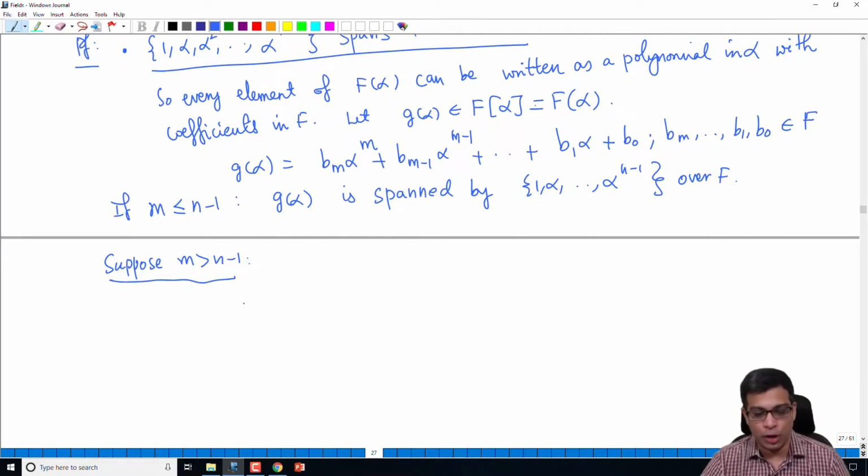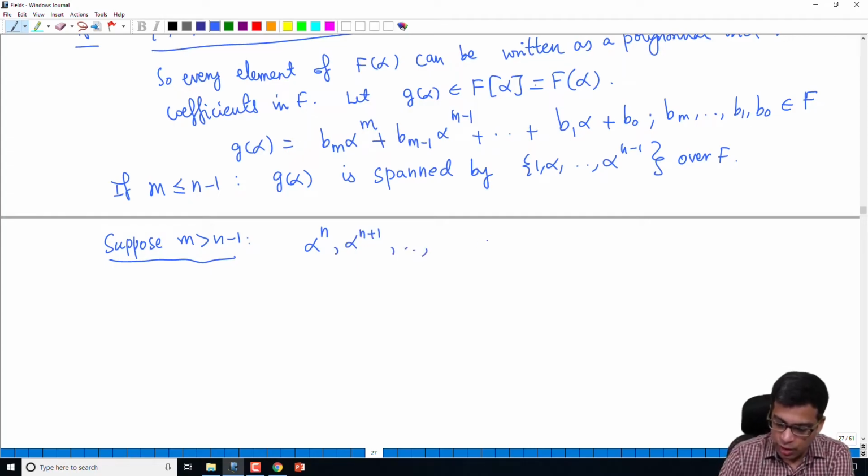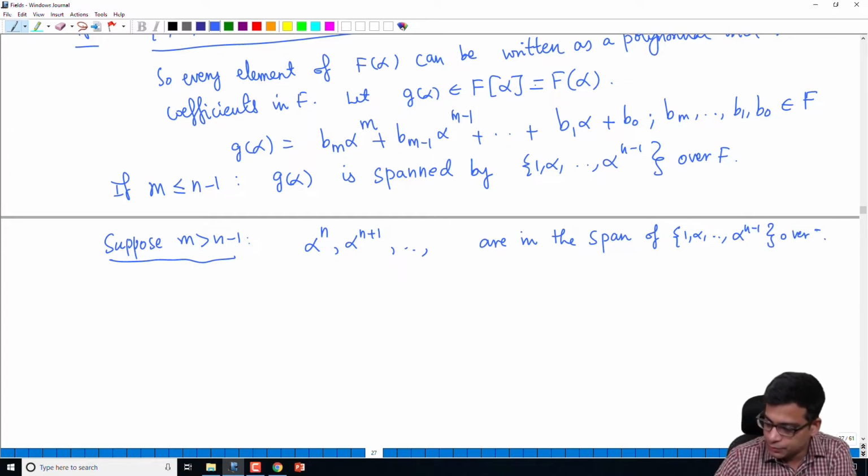And here the irreducible polynomial of alpha comes to our rescue. So what I will show is how to express alpha^n, alpha^{n+1} and so on in the span of 1, alpha, ..., alpha^{n-1} over F. If I show that all powers of alpha are in the span of this set, we are done, because every polynomial is written in terms of some powers.